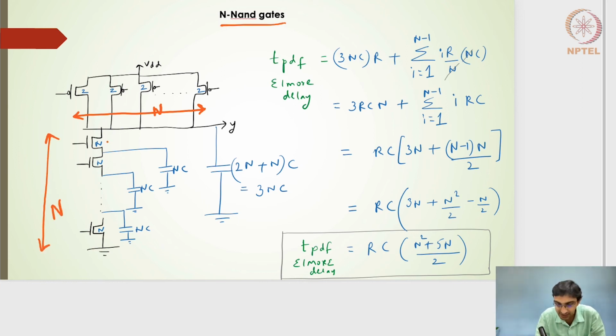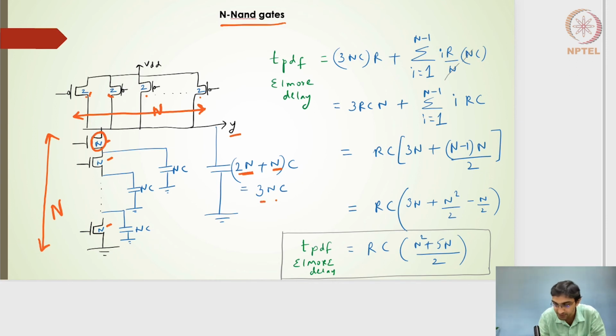And I will select the size of n here on the NMOS side because I need an equivalent falling resistance to be R, giving the same output current of I as that of the 2:1 inverter. And on the PMOS side, the sizes should be nothing but 2, but it will have n such transistors. So at the output node Y, each of these PMOS transistors contributes a capacitance of 2nC, and the NMOS transistor closest to the output node will contribute nC capacitance.